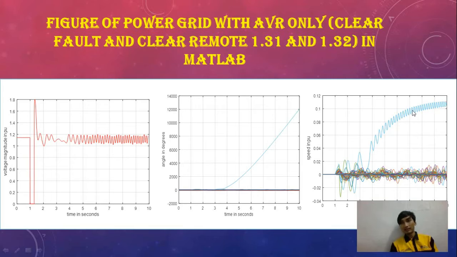So we can see here only one generator is operating at higher speed, 0.11 PU, and all the other generators are capable of maintaining the clear fault.